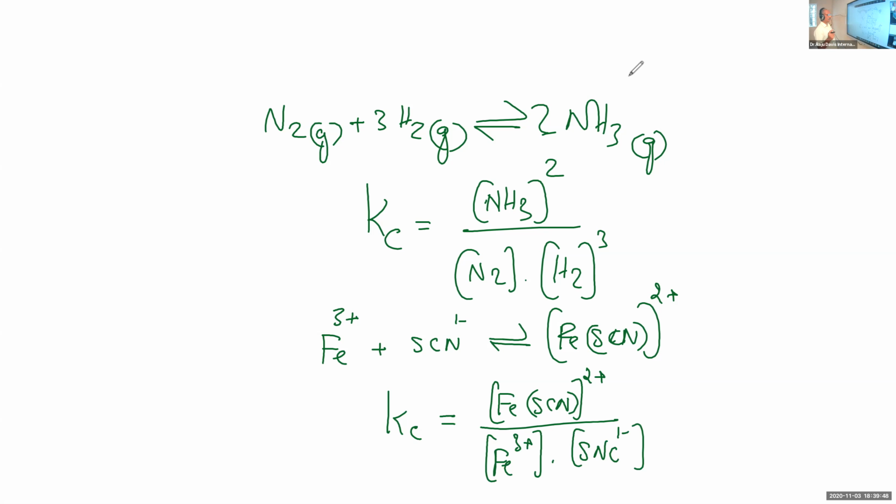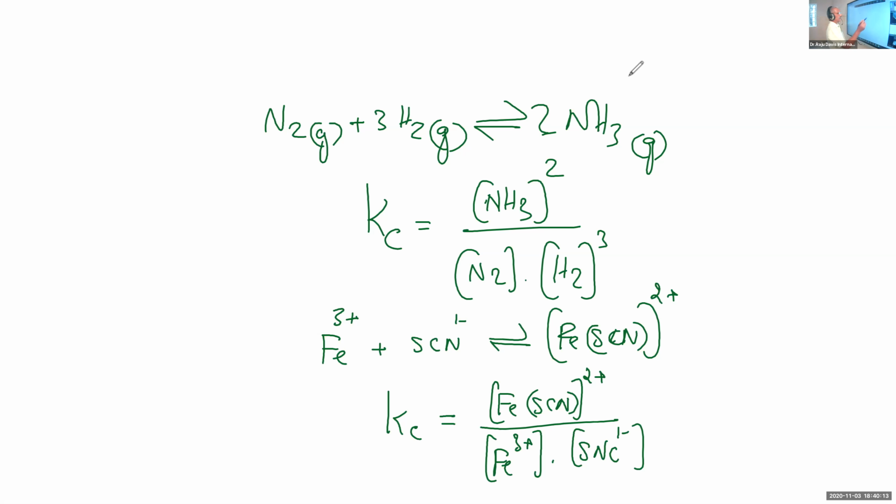And that is the relation for the equilibrium constant of this ionic equation. So equilibrium constant Kc is the ratio between the concentrations of the products and the reactants.